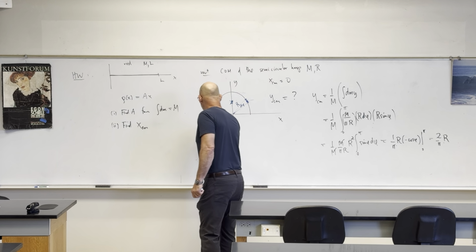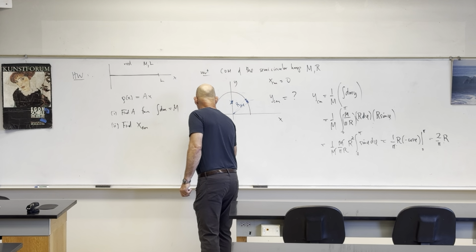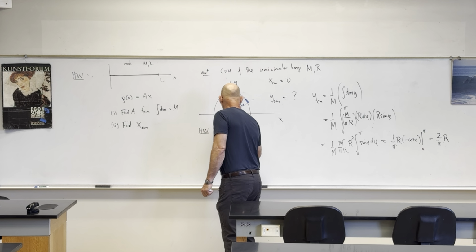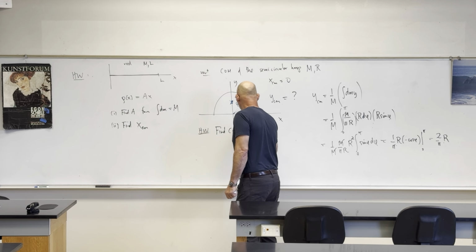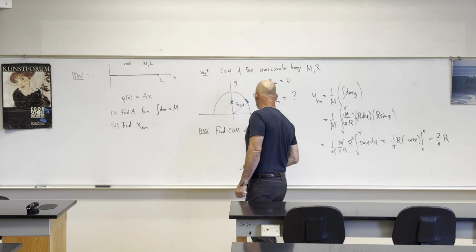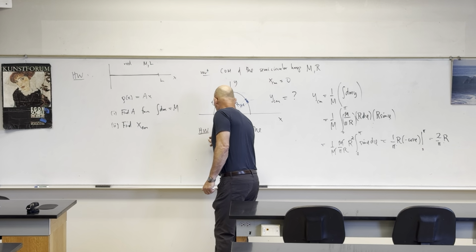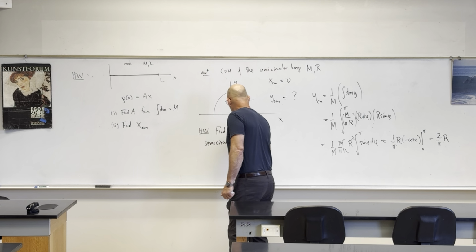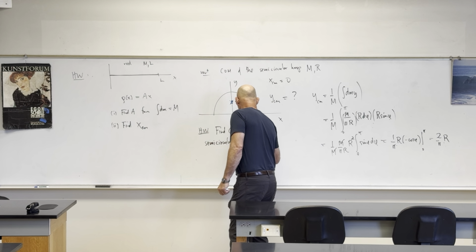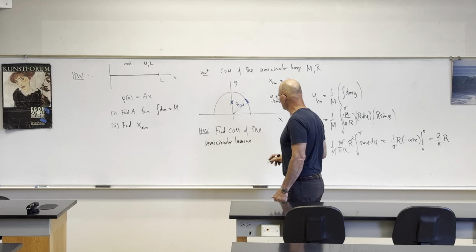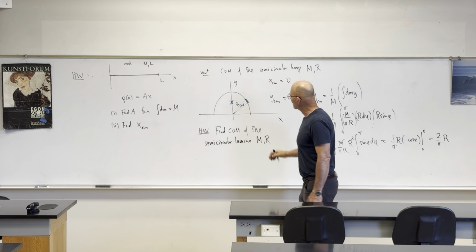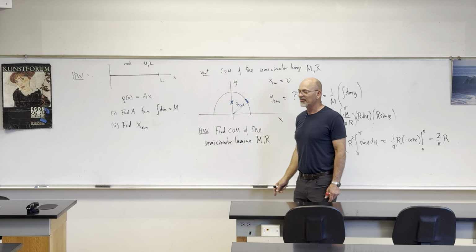So homework: find the center of mass of the semicircular lamina, another word for flat object. And again, mass M, radius R. So it's this thing, but it's just filled in.